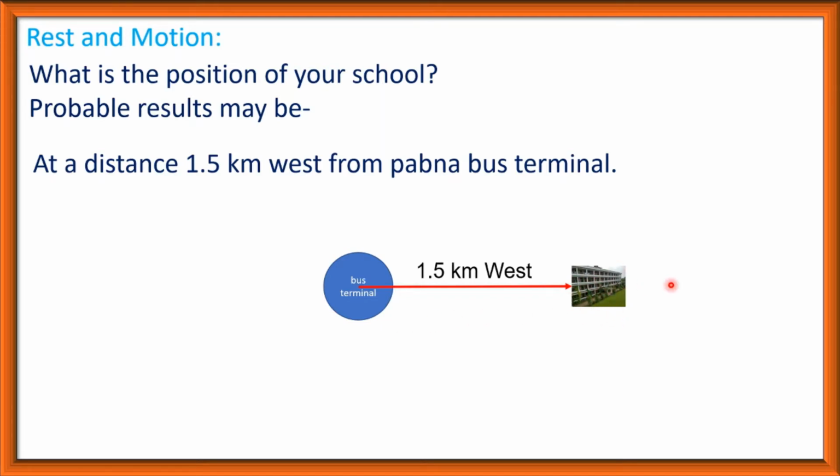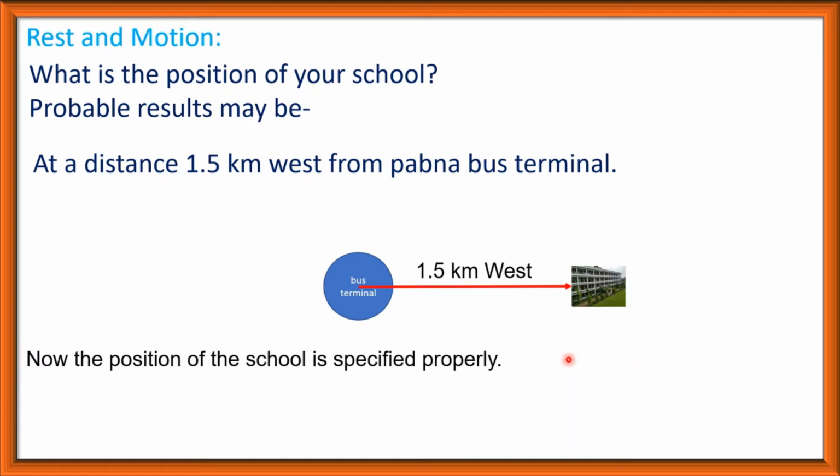So now the proper answer is got. Now the position of the school is specified properly. That is, by this answer we can find the exact location of our school from the bus terminal.